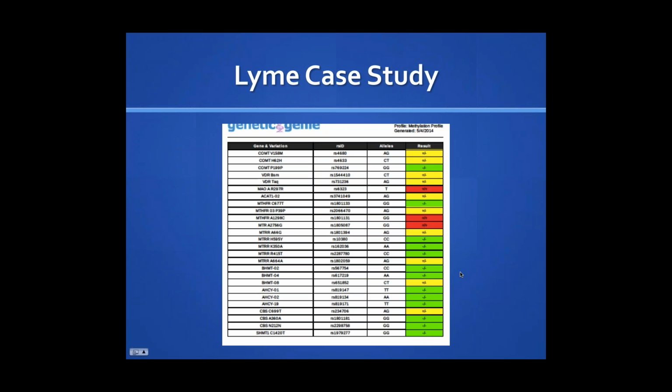And these were his genes. We look at the MAO, MTHFR, and MTR, and we can see that he wasn't even methylating in the first place. If he's got a genetic variant here, he doesn't absorb folic acid, and this one will keep him from absorbing B12. Both are critical in making the methyl groups needed to get the nitric oxide synthase pathway running.